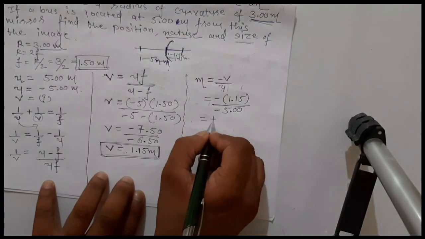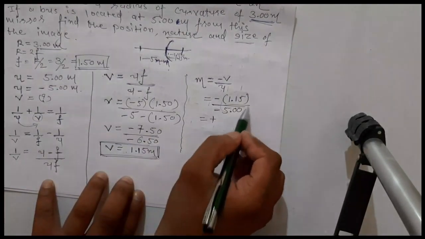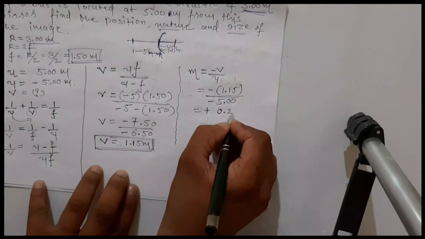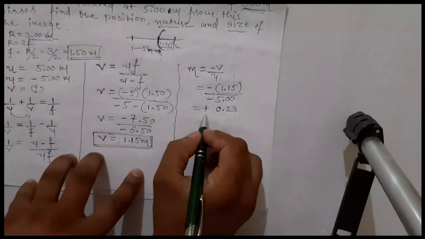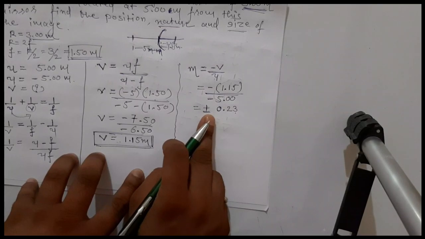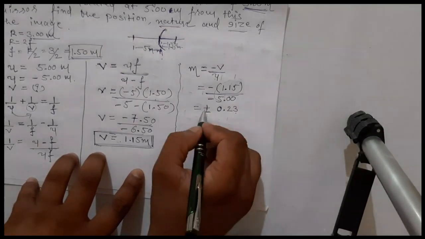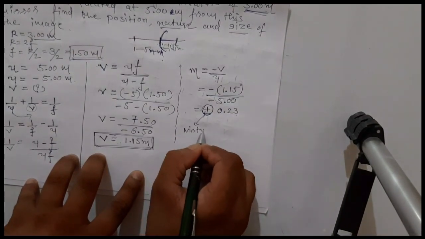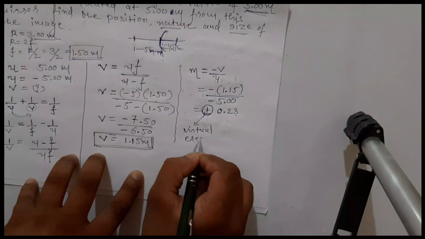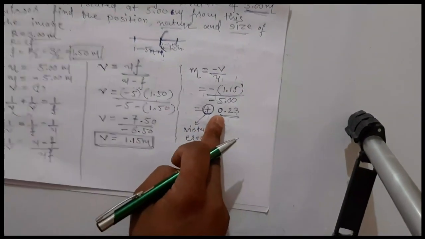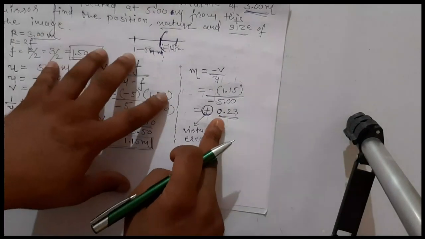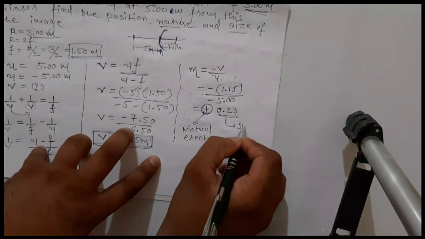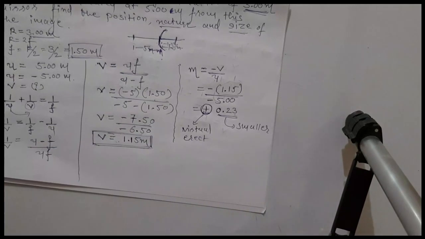Negative, so that will become plus, and when we calculate this, it will be 0.23. See, this positive sign means what? Our image will be virtual and erect, okay. Positive sign shows that our image will be virtual and erect. And see, this magnitude is less than 1. So as we have studied the condition, if it is less than 1, our image will be smaller than the object, okay.